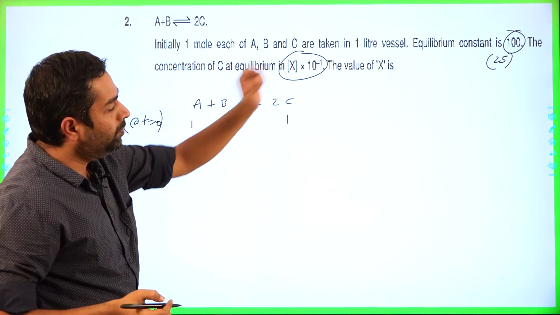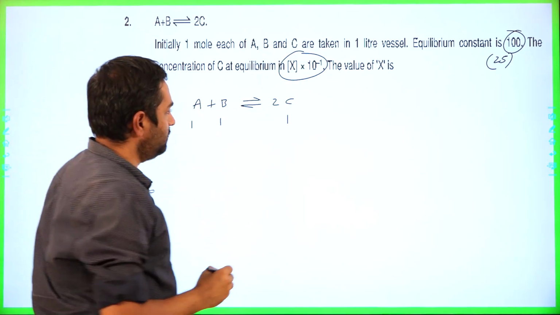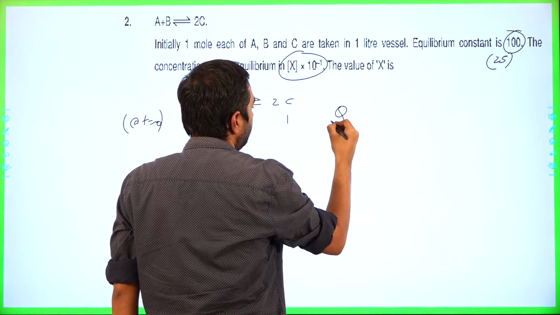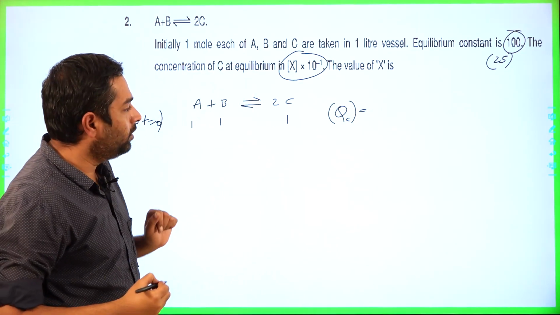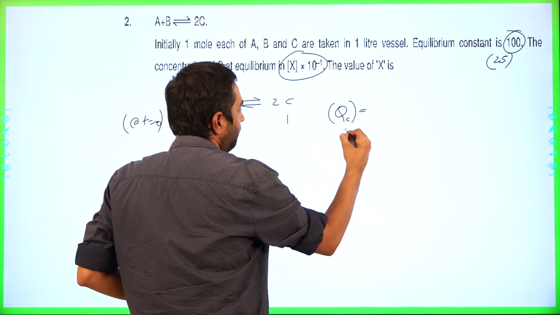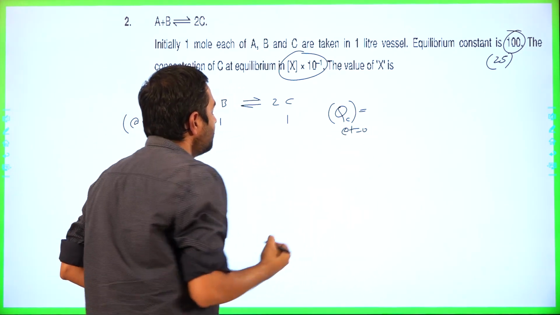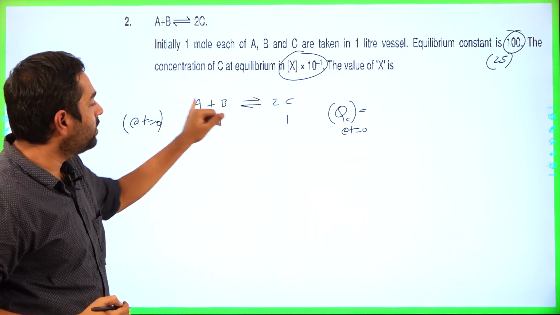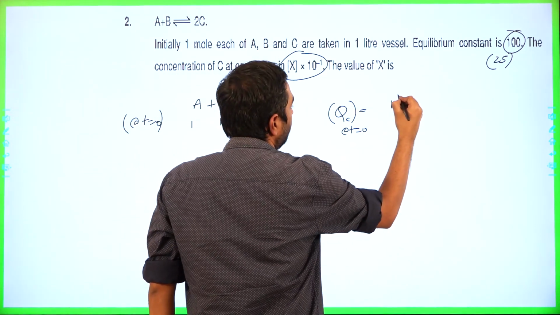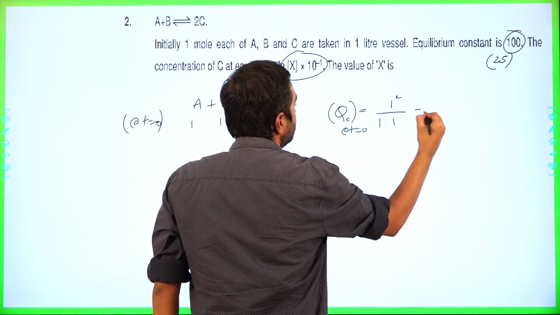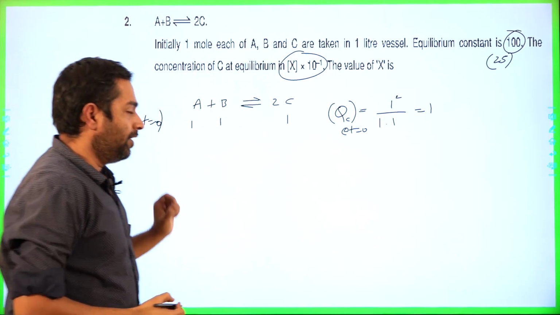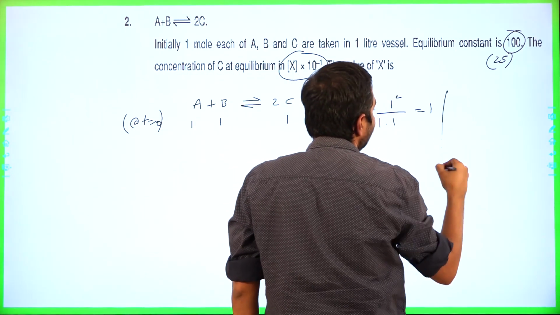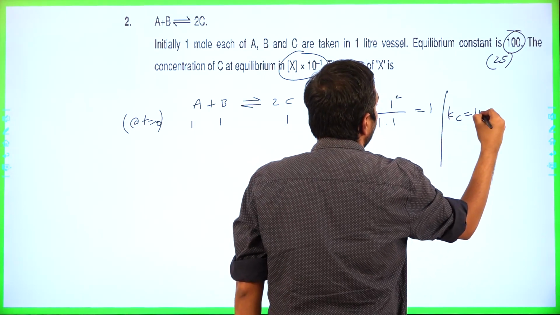Now the equilibrium constant is given as 100. So let us first calculate the Q for this particular case. At time t equal to 0, QC is going to be 1 squared divided by 1 into 1, which of course works out as 1. The equilibrium constant though is 100, so Kc is 100 in this case.